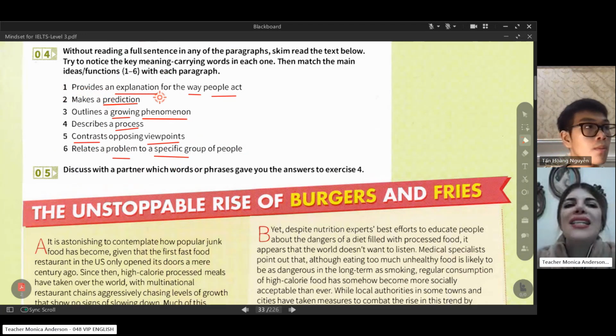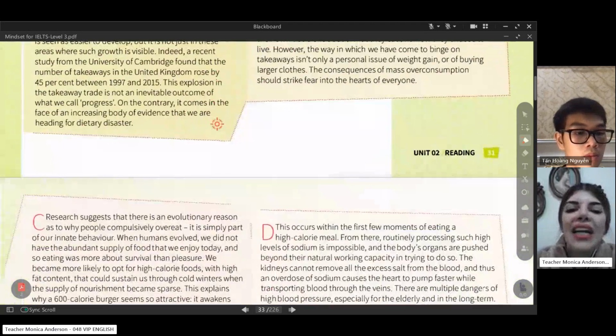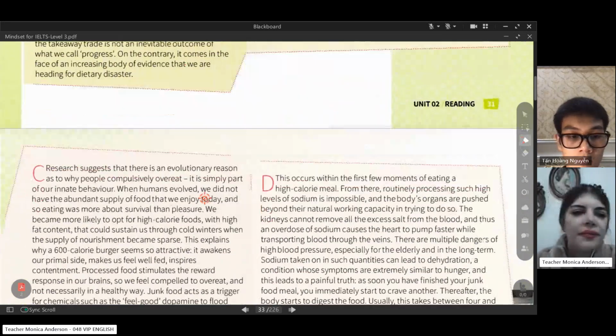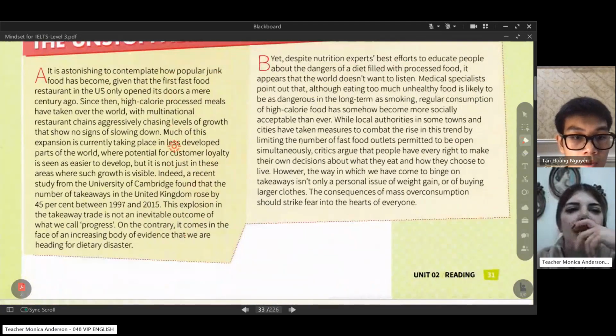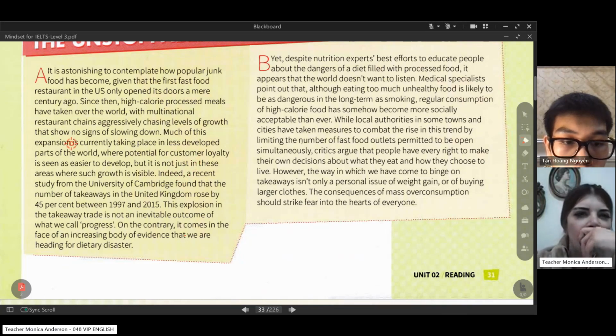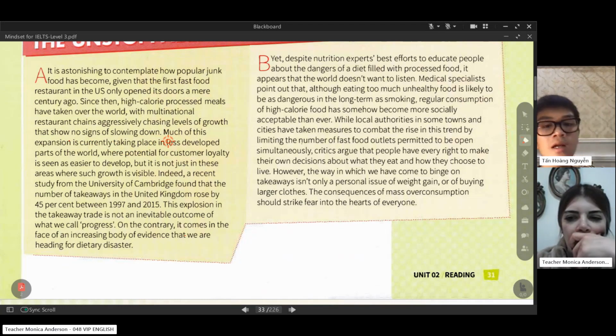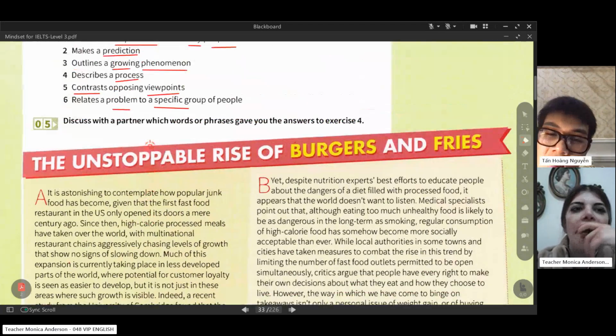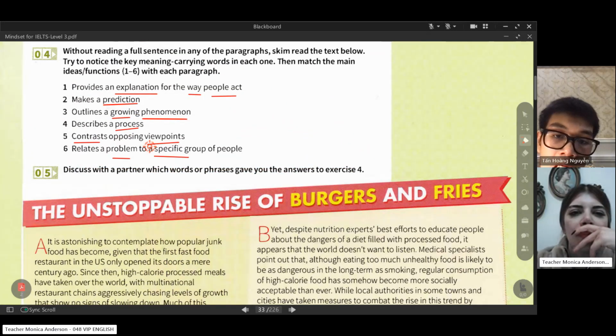So the first one: provides an explanation for the way people act. From the beginning, let's read. Can I see it again? Don't you have the book?